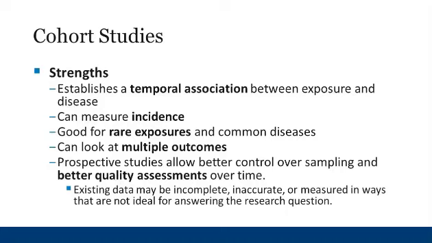Also, because you're incorporating a time element in the study, you can measure incidence of disease. And because you're identifying subjects based off of exposure status, they are really good for rare exposures with common diseases and can look at multiple outcomes.